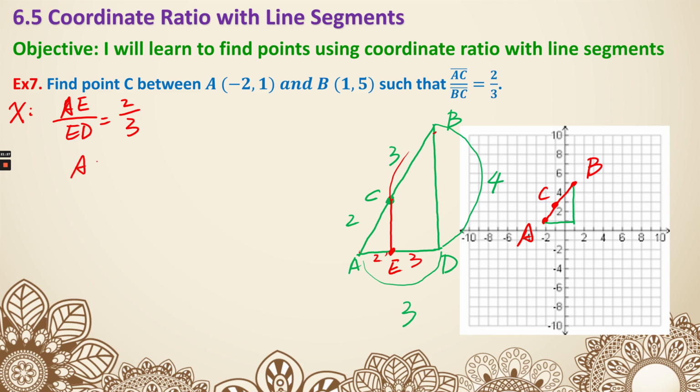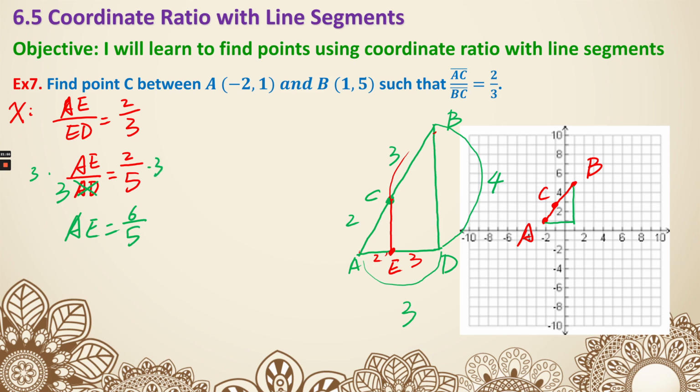So it's going to be AE over AD, that is 2 over 5. Now, I do already know what AD is. The length of AD, I have already taken it out of the graph. AD is actually 3. So multiply both sides by 3. My AE is going to be 6 over 5.